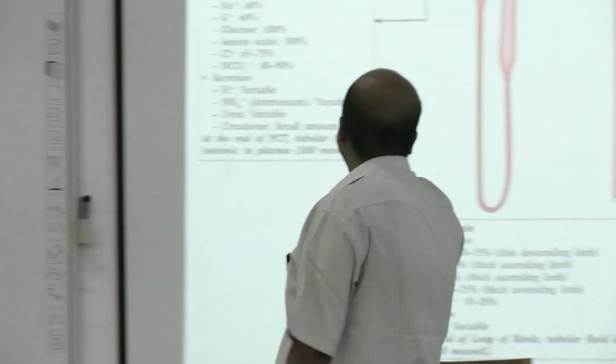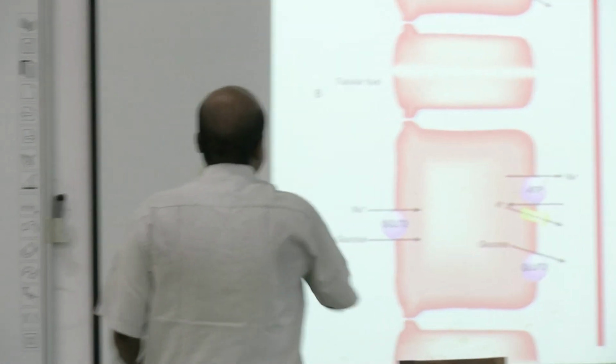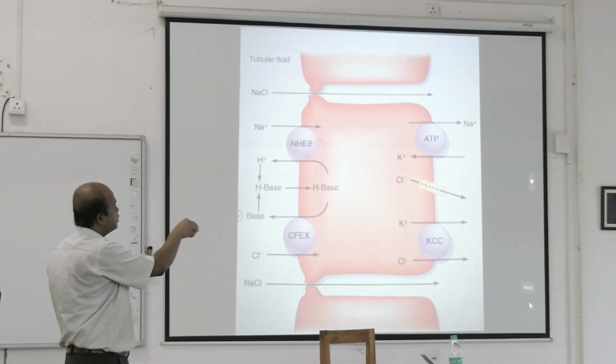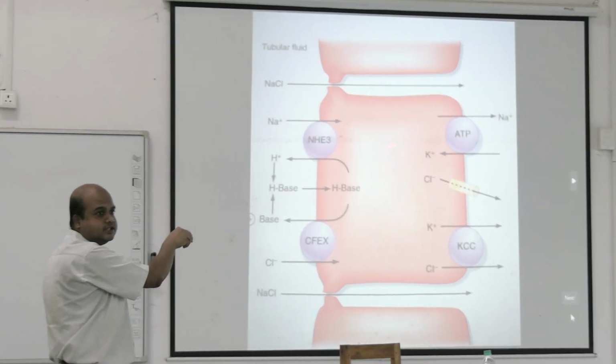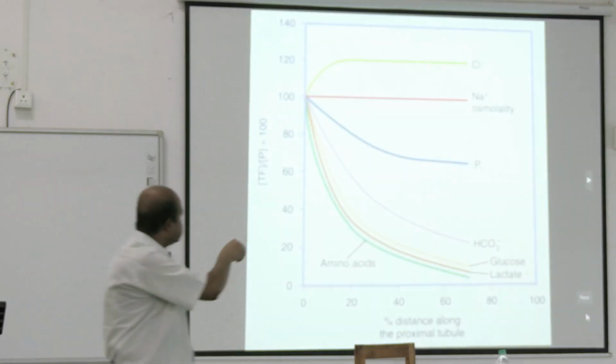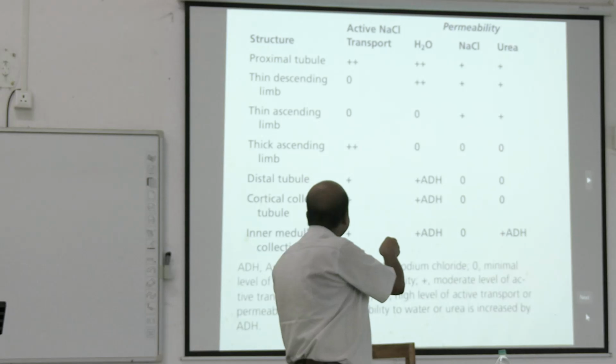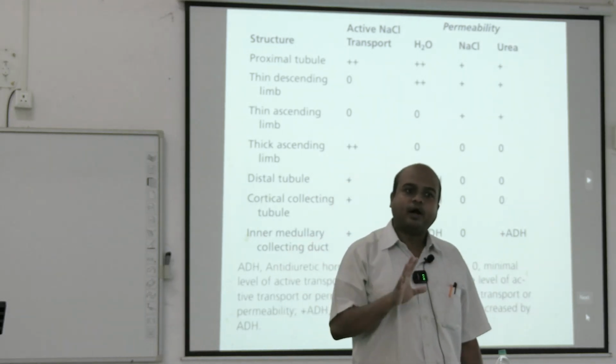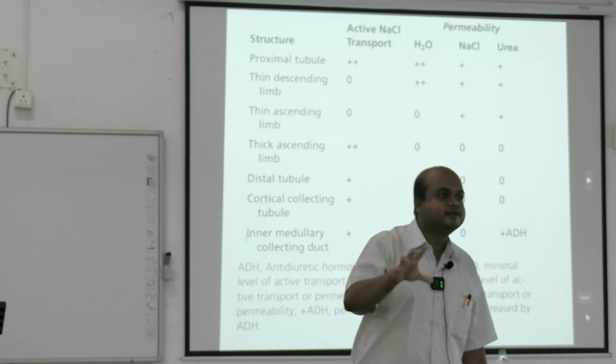Again, just recollect it. See, NaCl is going in between the cells also. So this is paracellular, so there is some paracellular diffusion. Ultimately, whatever is happening, the maximum that can be achieved is 200.